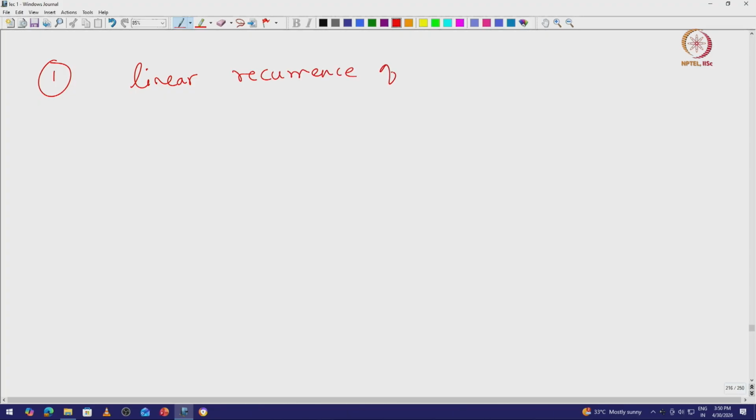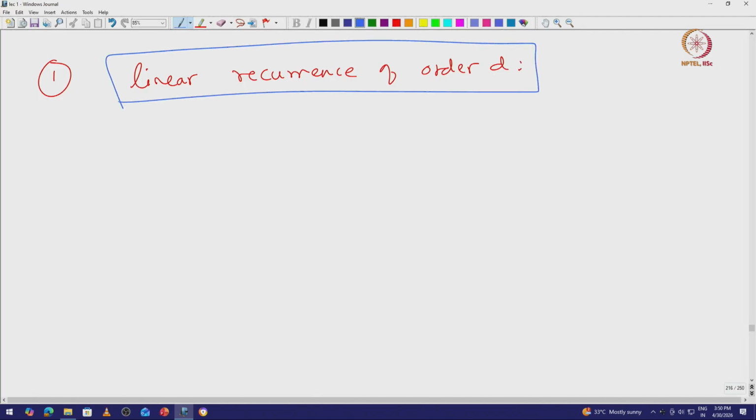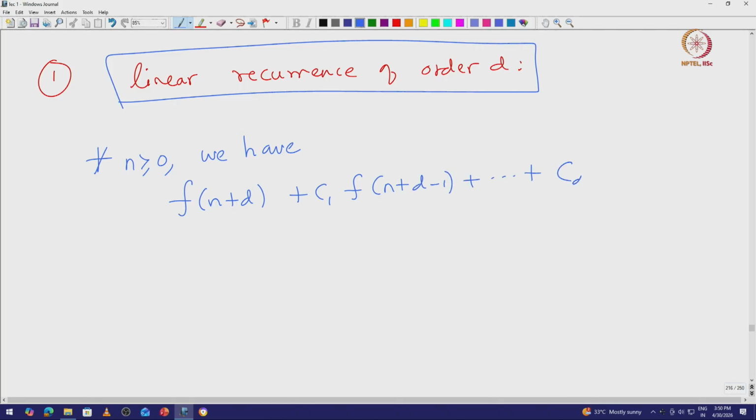This is the general recurrence that we have. For all n greater than or equal to 0, we have that f of n plus d plus c 1 f of n plus d minus 1 plus etc. plus c d f of n is 0.